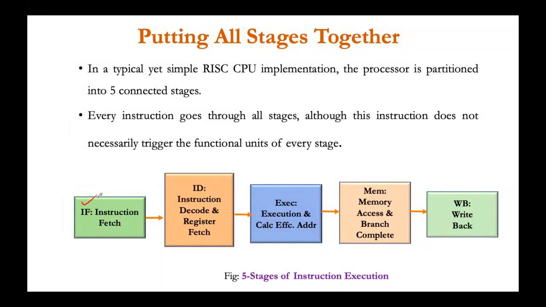So IF means instruction fetching, ID is instruction decoding, EX is used for execution, MEM is used for memory access, and write back is used for writing the result back. These are the five stages of instruction execution.